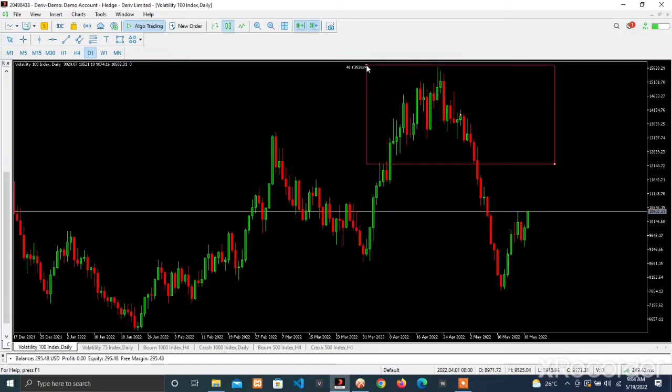You can see this particular range produced good momentum, and this is a week to week, that's why we are taking the fix here. This is a week to week here, and this is a good movement in the market.